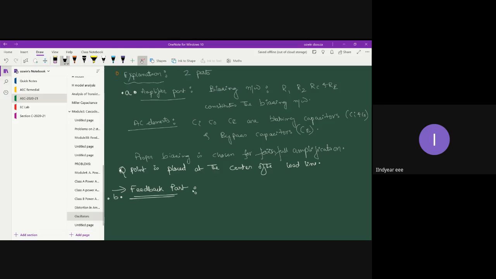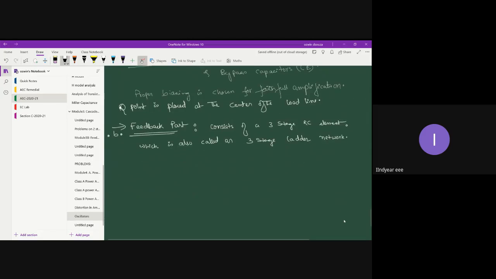So feedback part is consisting of a 3-stage RC element, which is also called as three-stage ladder network.